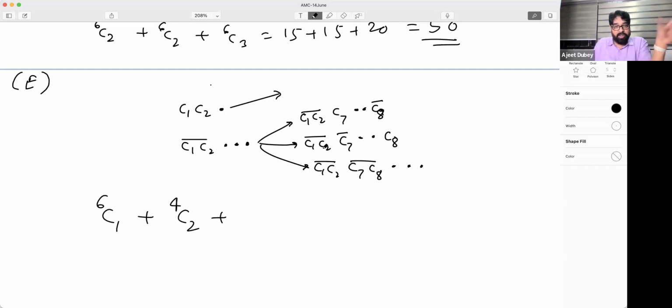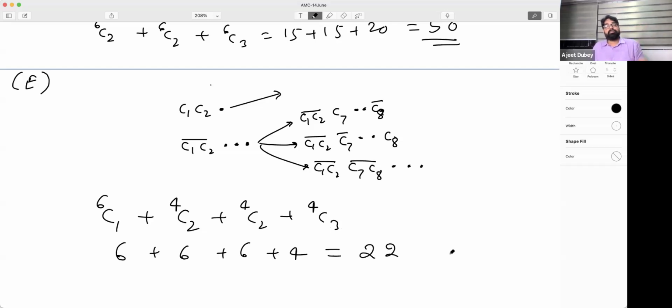Here also C1, C2 is not there, C7 not there, C8 already there, so balance 4, 2 people I need, 4C2. Here C7, C8, all these 4 are not there, so from the balance I have to take 3 people. So the answer is 6 plus 6 plus 6 plus 4, which will be 22. The answer of this question is 22.